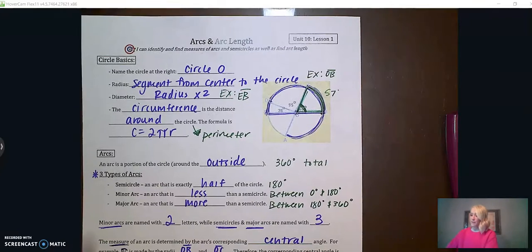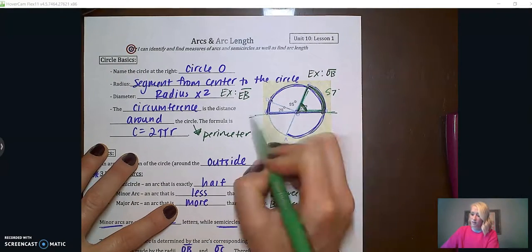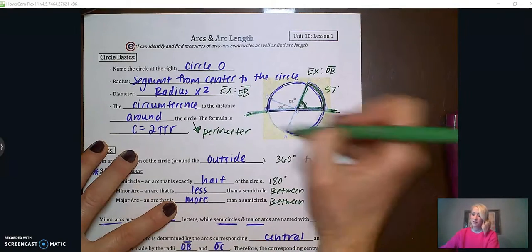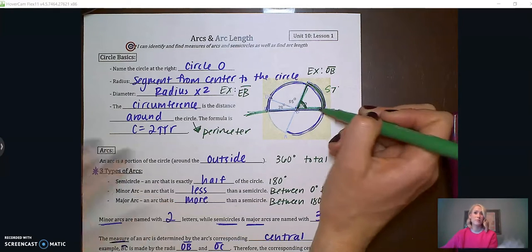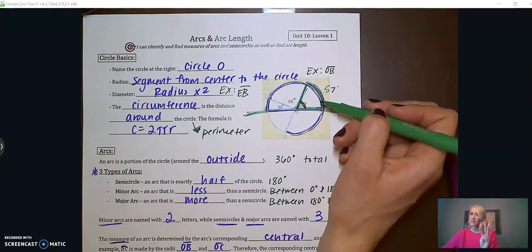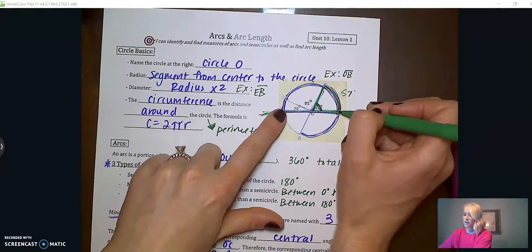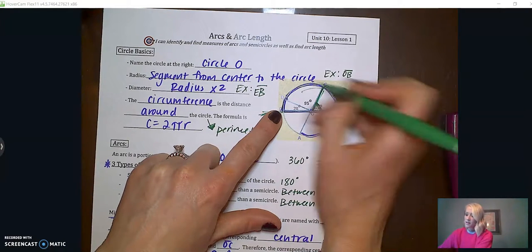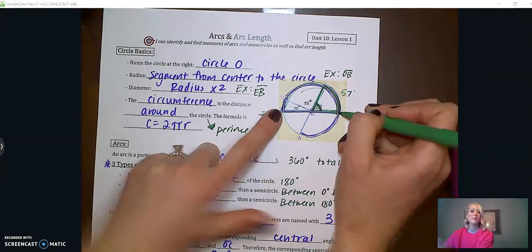What about semicircles? Well, you'd want to look for a diameter that separates the circle in half. So here's a semicircle, here's a semicircle. We just have to name them with 3 letters. So the start and the stop point, I'll name the top one, you're going to name the bottom one. Start and stop point would be the ends.